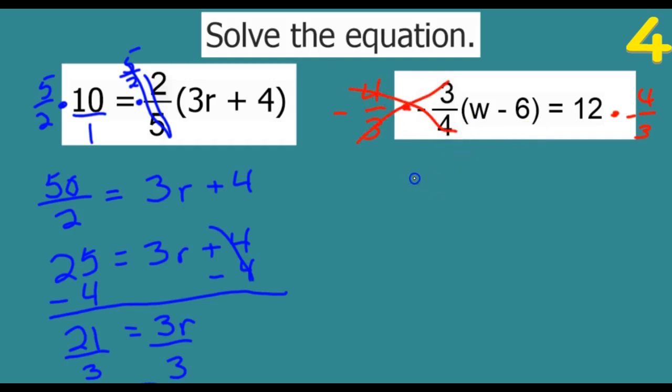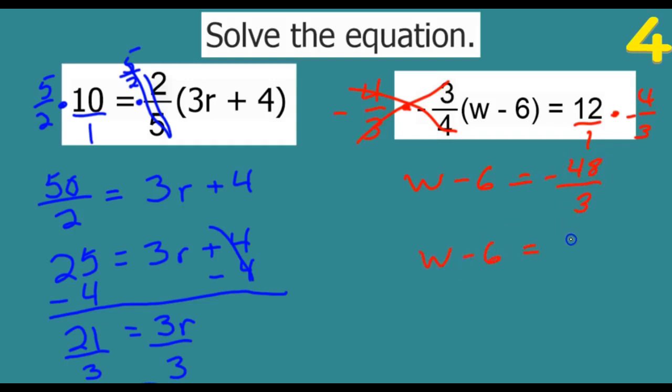They're no longer needed. And we have w minus 6 equals, we make this into a fraction, 12 over 1. 12 times negative 4 gives me negative 48 over 1 times 3, that's 3. So now we have w minus 6, and we can simplify this.